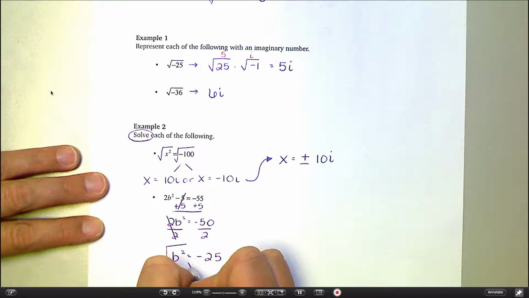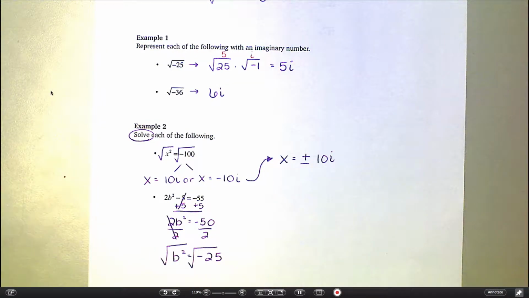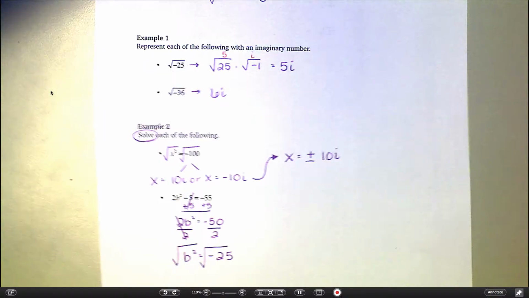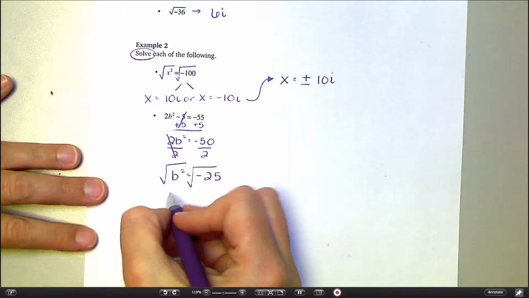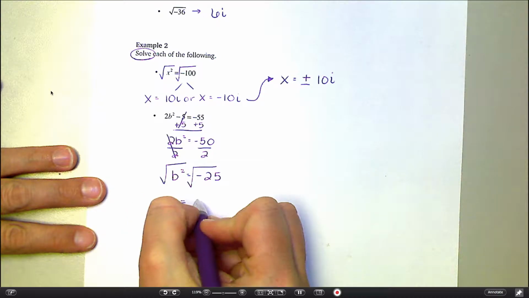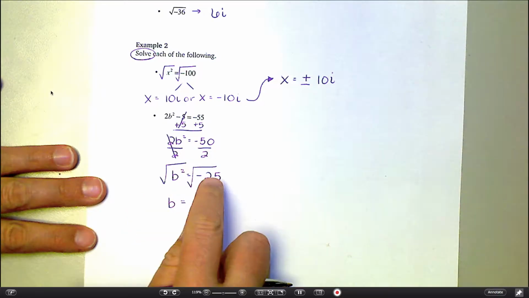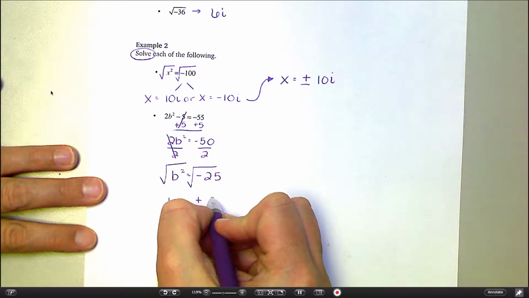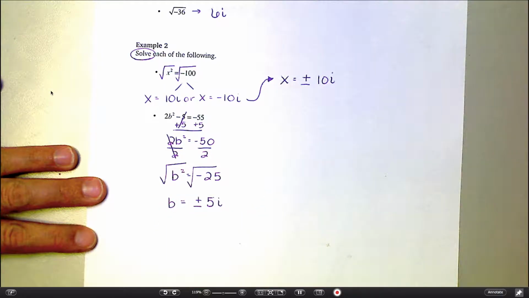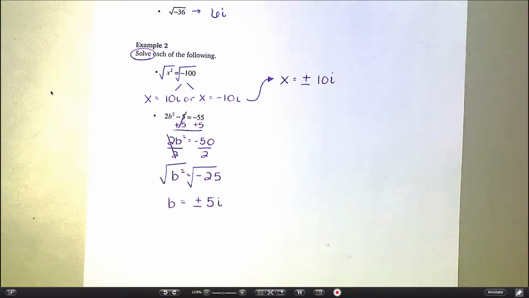Square root, square root. And if I'm working in the land of imaginary numbers now, I can say this answer is plus or minus, don't forget your plus or minus because you're taking a square root when you're solving, 5i. And that would be your final answer. Okay?